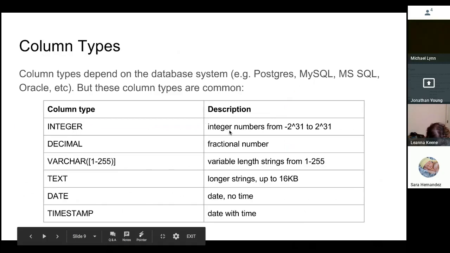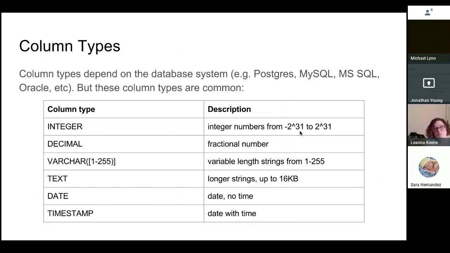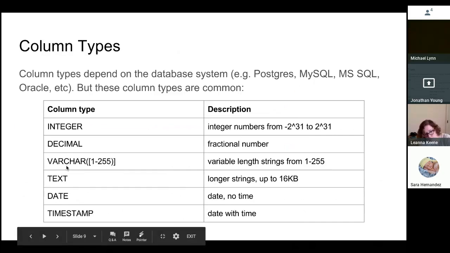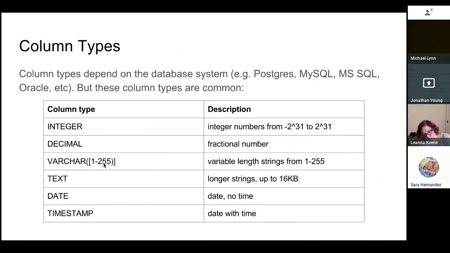So integer, numbers from -2 to the 31st power to 2 to the 31st power, decimals, varchar, text, date, and timestamp. The difference between a varchar and a text is varchar goes up to 255 characters. After you get to 255, you're just going to do text. So if I'm going to save an email address, I'm going to do varchar 255 because I'm not expecting someone's email address to be more than 255 characters long.